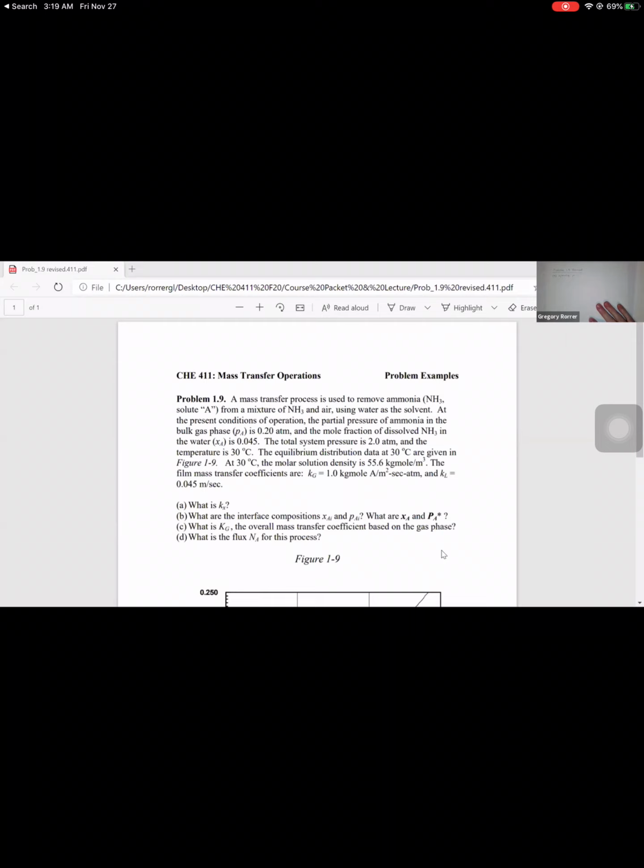In part A, they're asking for the operating point. And in this process here, we have a mixture of ammonia and air, and it's in contact with water as a solvent. So this operating point here indicates these non-equilibrium compositions that we have both in the gas phase and the liquid phase.